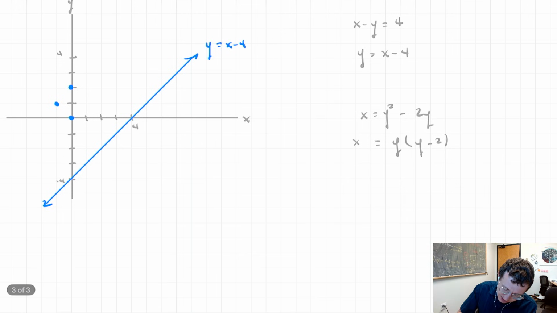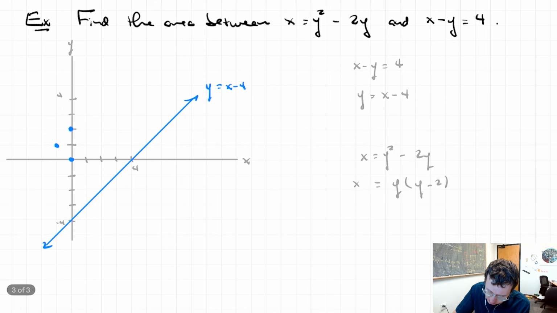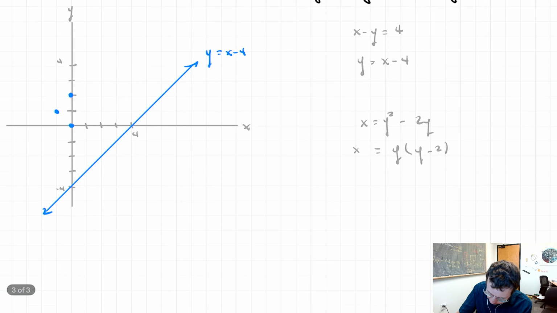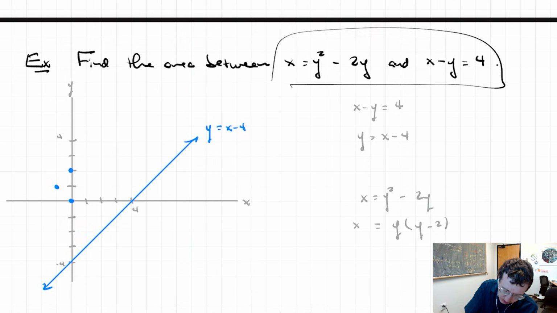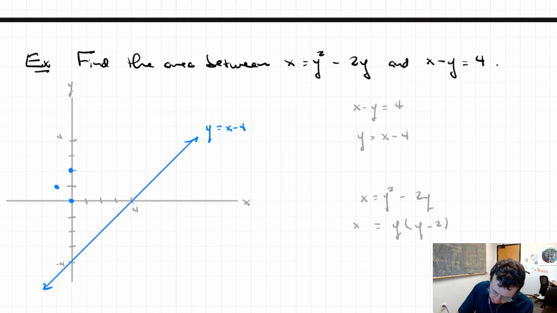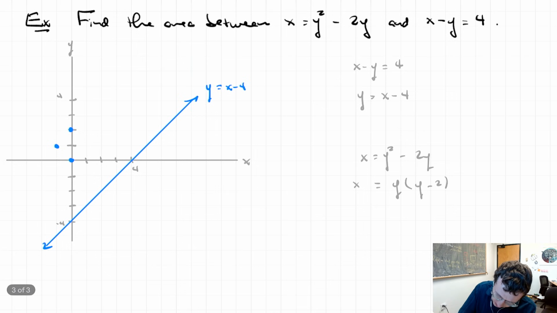But I'm going to set these equations equal to each other to find the places where these curves intersect. I'm trying to solve these equations here. I could also write this as x equals y plus 4.